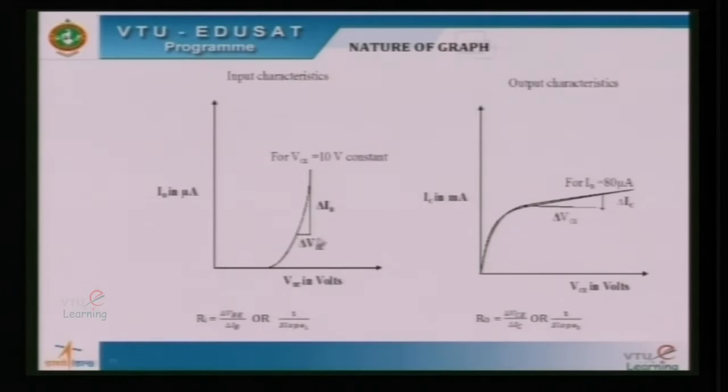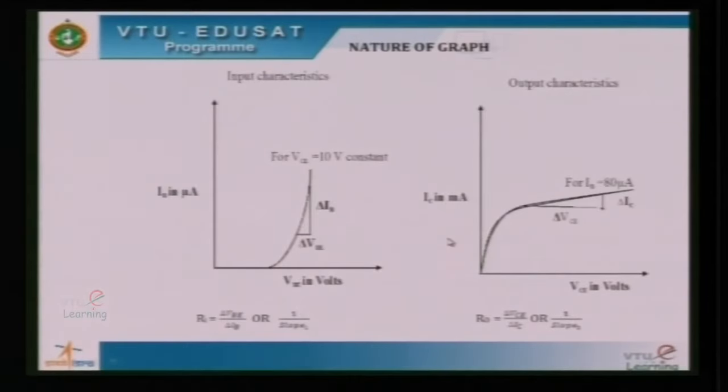So, the slope determined in the linear region of the curve is evaluated, and input resistance of the transistor is obtained by reciprocating this slope of the characteristic curve, which comes around in the range of 500 ohms.